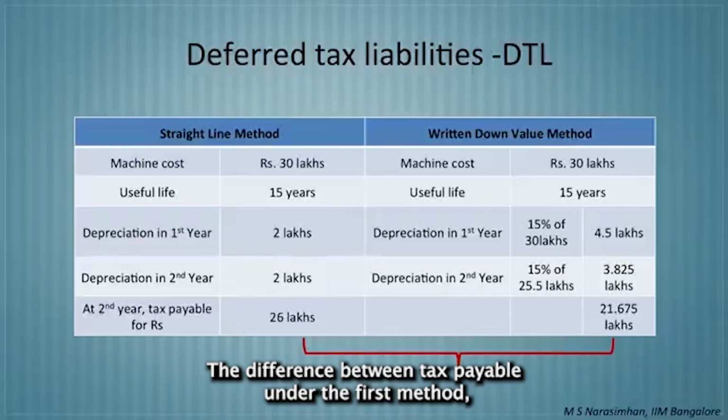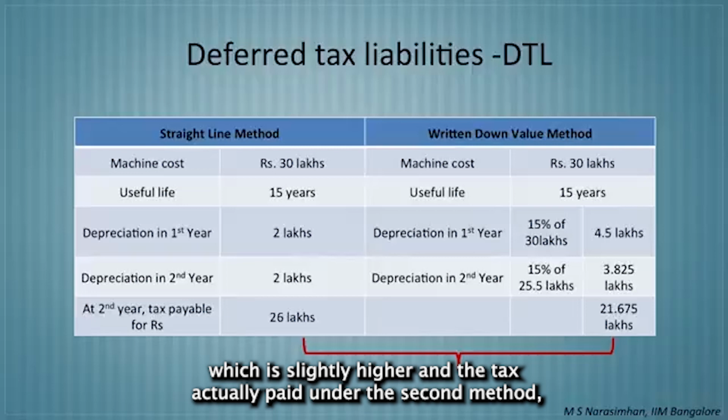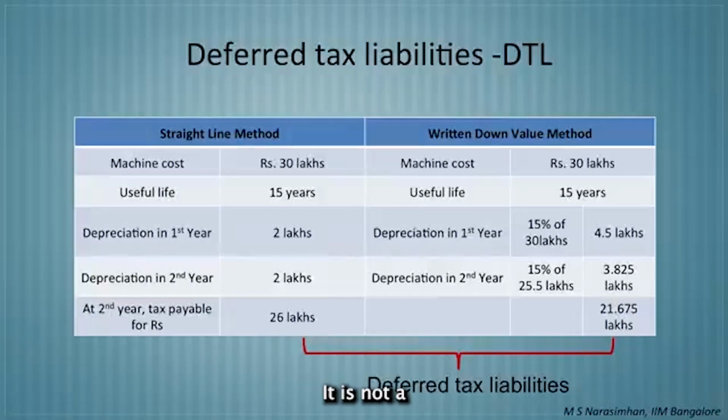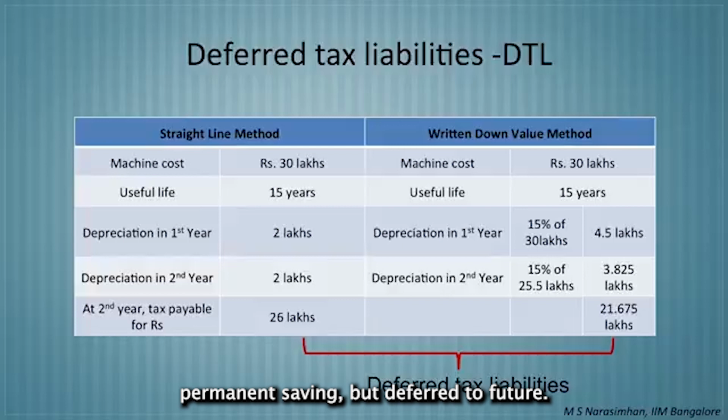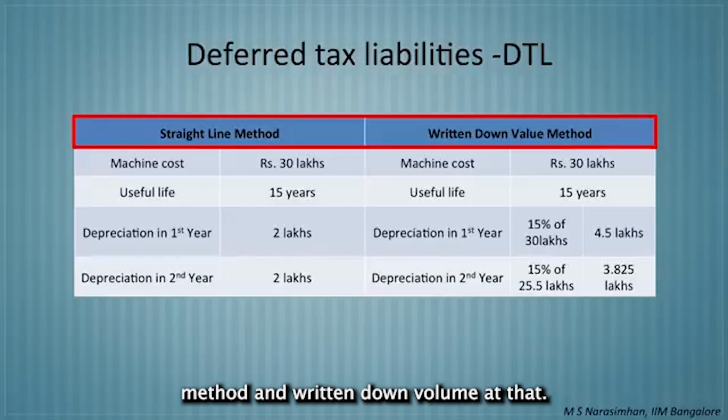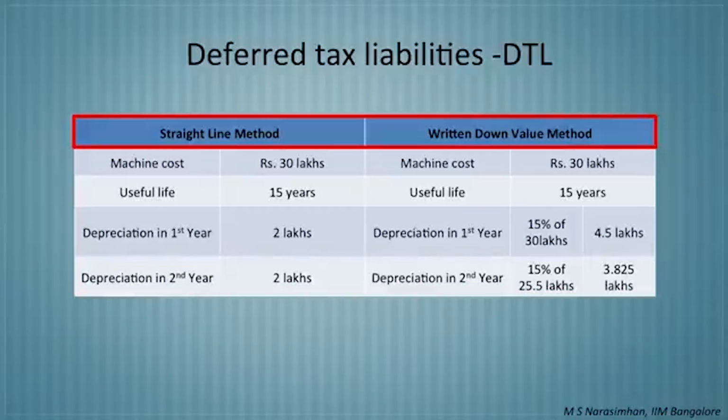The difference between tax payable under the first method, which is slightly higher, and the tax actually paid under the second method, which is slightly lower, is called deferred tax liability. It is not a permanent saving, but deferred to the future. The two methods of depreciation mentioned here are called the straight line method and the written down value method.